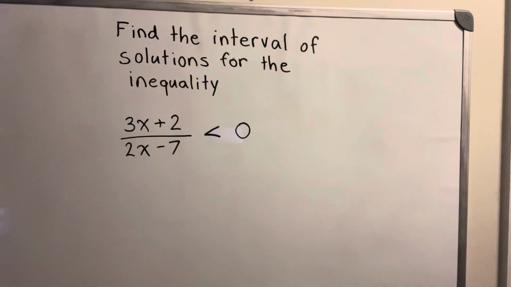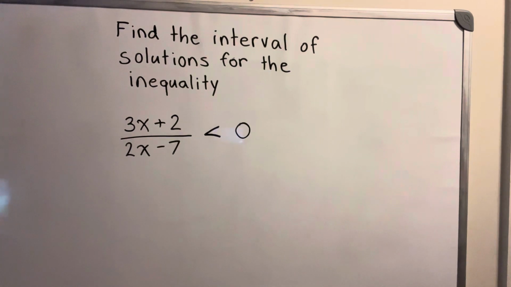If the numerator is 0 and the denominator is non-zero, because the denominator cannot be 0, then it will be equal to 0. So what situation do you need to find for the denominator and the numerator for the fraction to be negative?